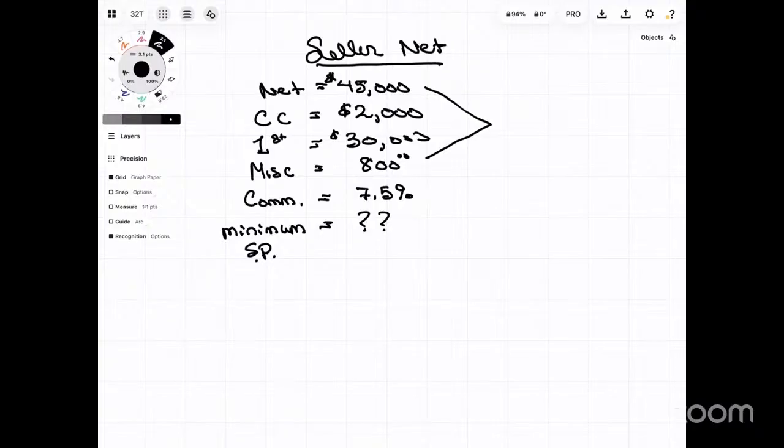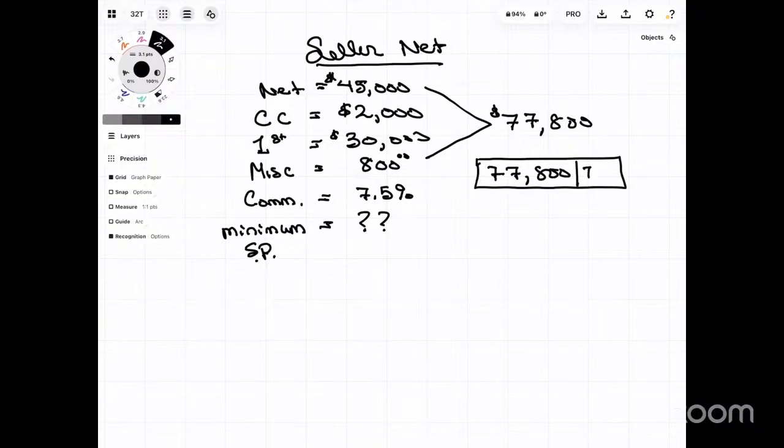We got 45,000 plus 2,000 plus 30,000 plus 800. Those numbers all together are $77,800. And we know that $77,800 represents the part left after the commission, and this is the 7.5%.